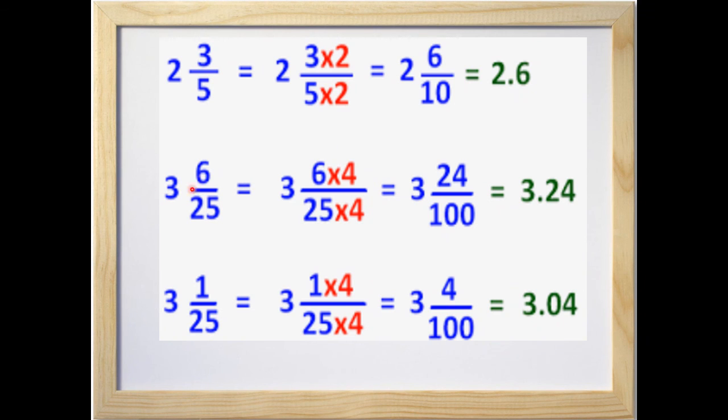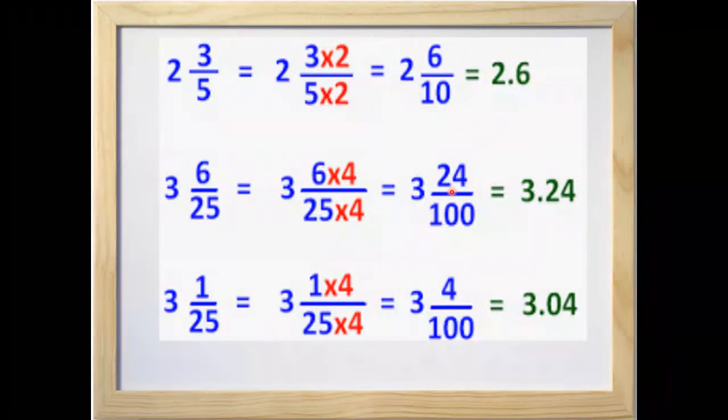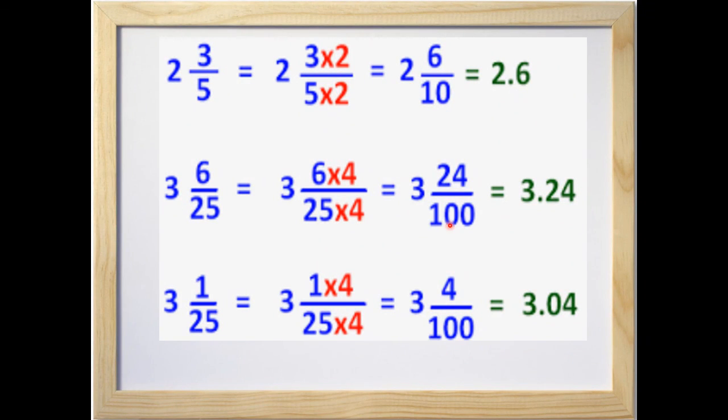So again 3 is the whole number and 6 by 25 is the fractional part. So we will convert this fractional part into an equivalent fraction where the denominator is 100. So how to convert it? We will multiply both 6 and 25 by 4. So 6 fours are 24, 25 fours are 100.